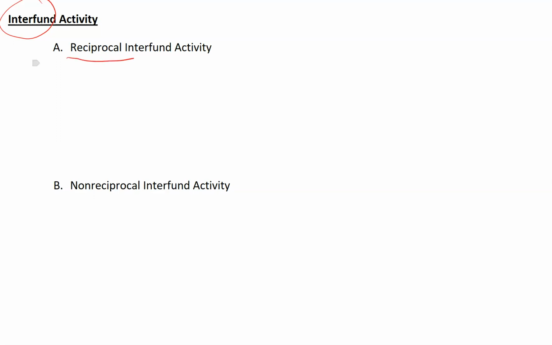Now you will see two major categories of inter-fund activities. One is called reciprocal inter-fund activities. The term reciprocal means it's two-way, or you can call it exchange type transactions. That means when one fund is transferring money to the other fund, in exchange, the recipient fund needs to provide something or return the money back.